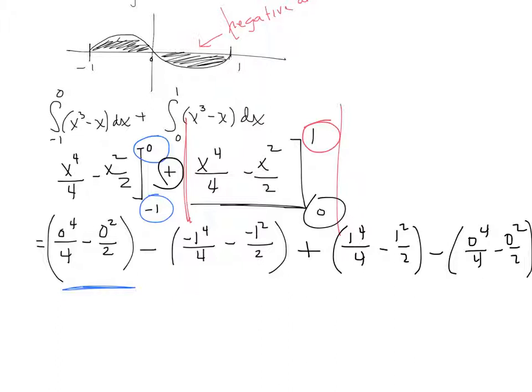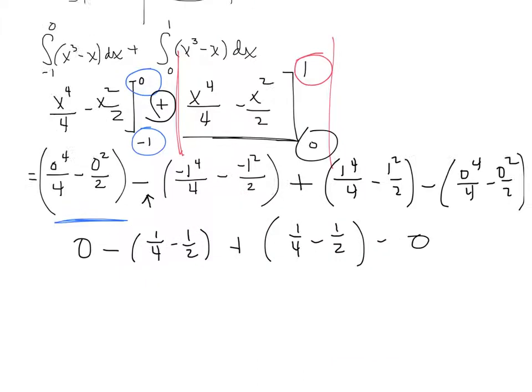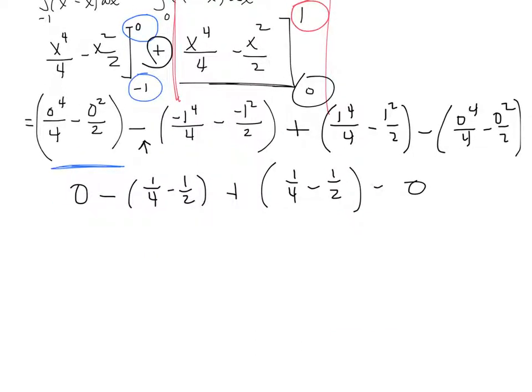Okay, so plugging all this stuff in, just don't get lost with that negative sign. So this is 0 minus 1/4 minus 1/2 plus 1/4 minus 1/2 minus 0. And so now down here, I'm going to get the negative of 1/4. Let's get common denominators. Plus 1 over 4 minus 2/4.